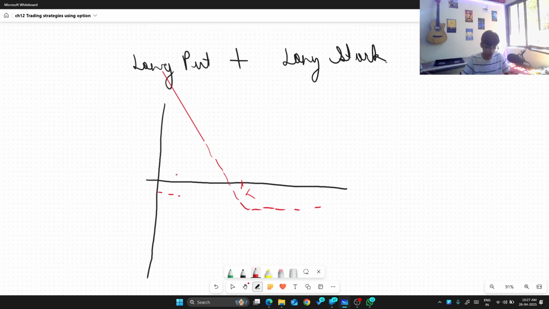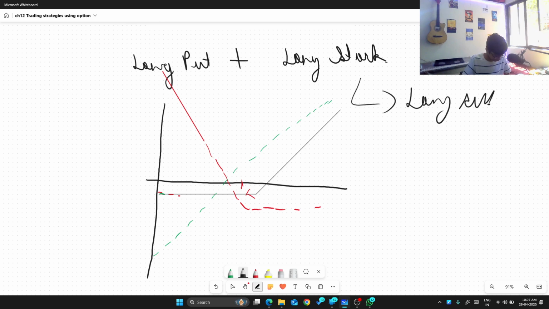Long put and then long stock, and then we are at long stock. And its payoff would be simple, like this. Nice. Its payoff is like this, and you can see that it is long call, right?